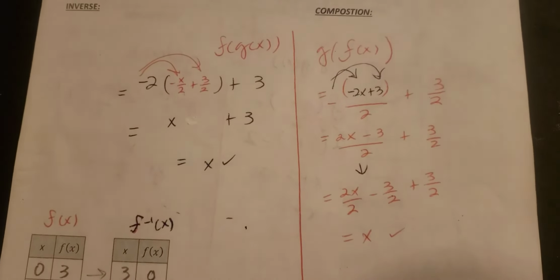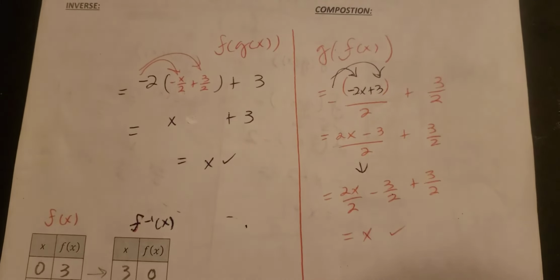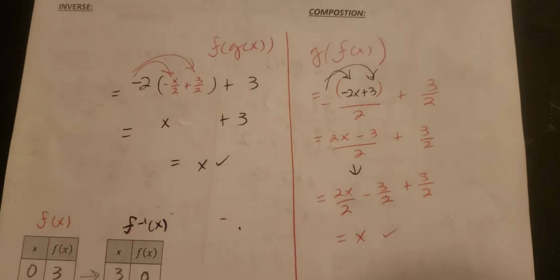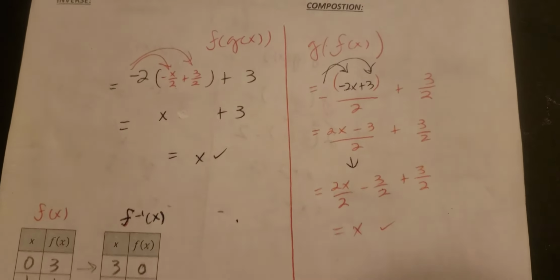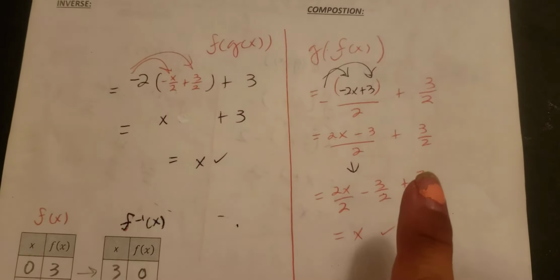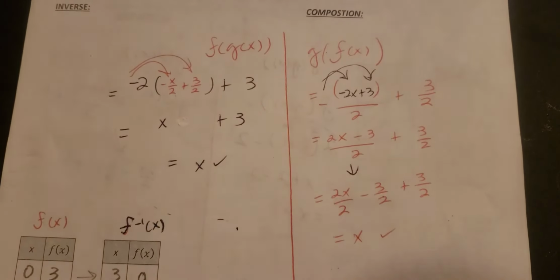All right, boys and girls, so these are the solutions to both compositions. Hopefully you got it in both. And again, I want to emphasize you do not need to do both compositions every single time. You choose one. But remember, if they are true compositions, you should only end up with x. If you don't end up with x, remember, it could be one of two scenarios.